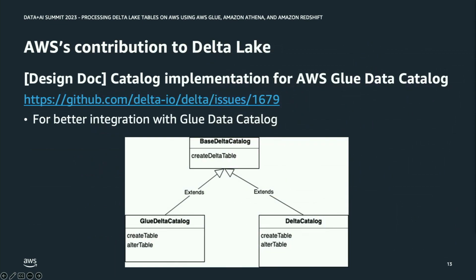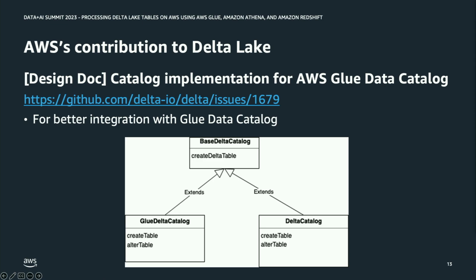And I would like to talk about the contribution. We want to improve the usability when using Delta Lake with the Glue Data Catalog. So we are proposing a design document to the open source community, the Delta Lake community, of course. The design is to allow Delta Lake to call the Glue Data Catalog API directly instead of calling the Hive Metastore API, by separating catalog-specific implementation, so that Delta Lake can output more detailed information into the Glue Data Catalog using its own native APIs instead of Hive Metastore APIs.